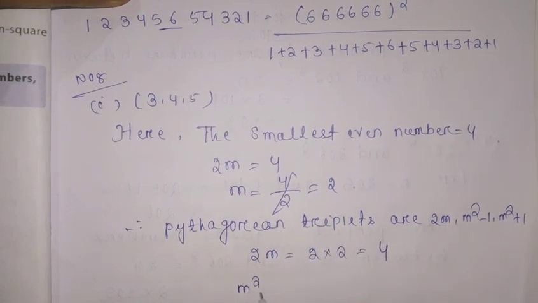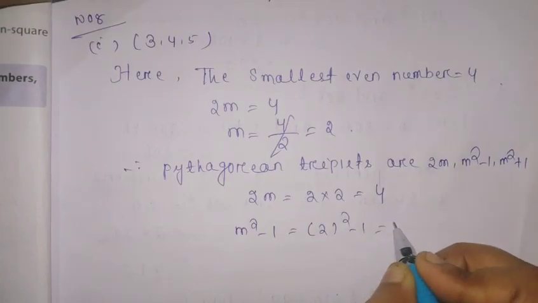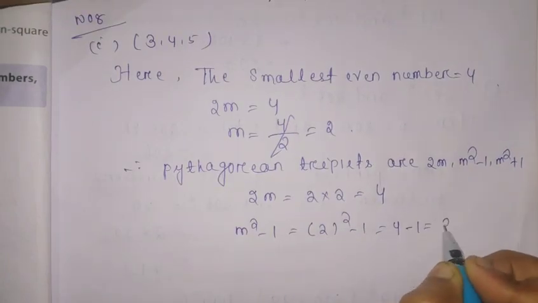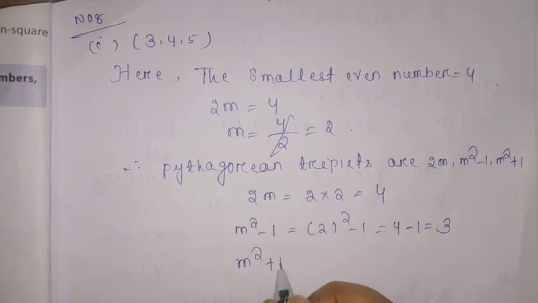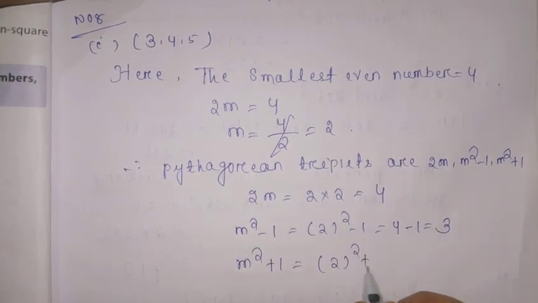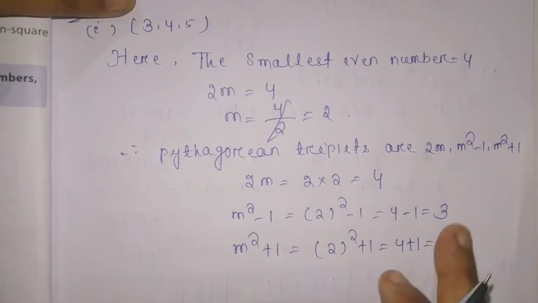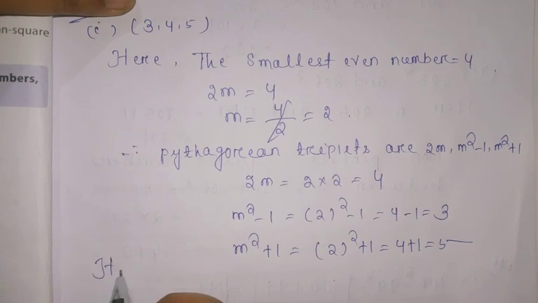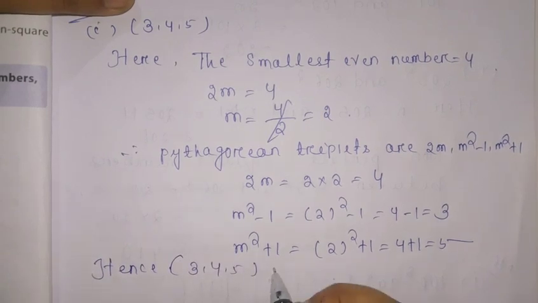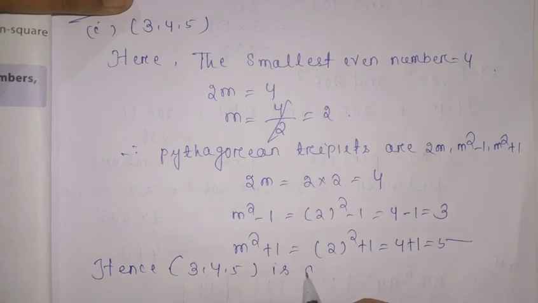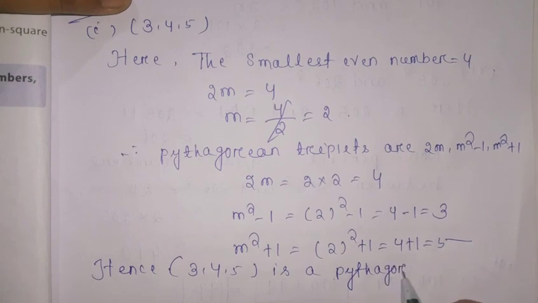Then m square minus 1 equals 2 square minus 1, 4 minus 1 equals 3. Then m square plus 1 equals 2 square plus 1, 4 plus 1, 5. Hence 3, 4, 5 is a Pythagorean triplet.